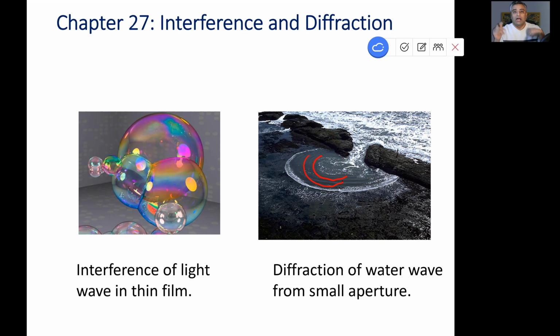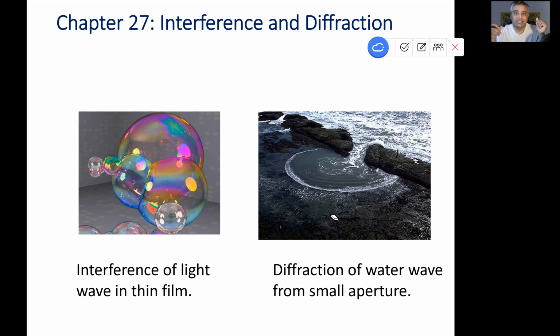So why are we coming back to the wave description? Why is the description of light in terms of ray and geometric description not enough?